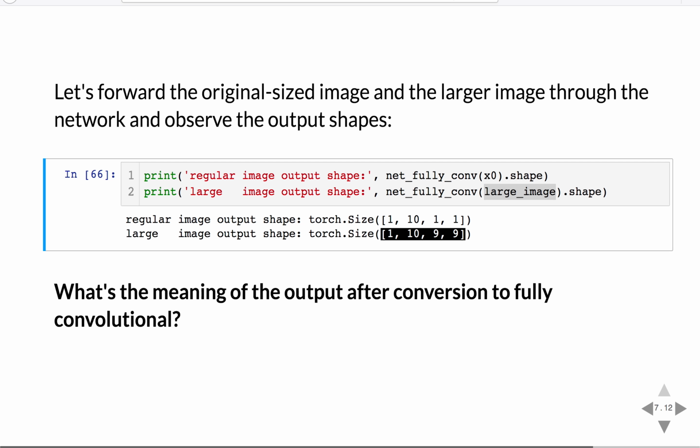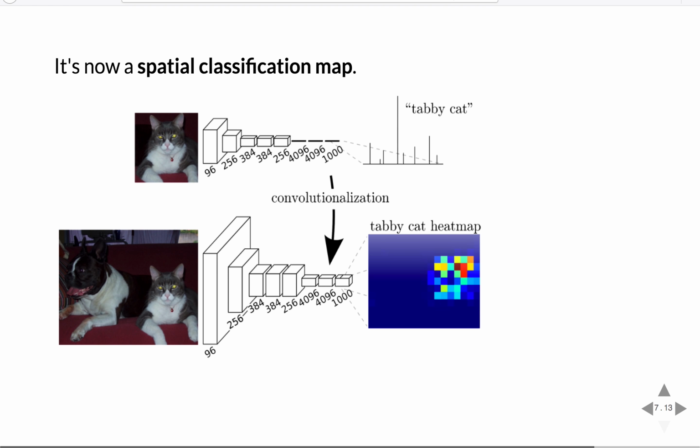Remember, this is the width and height. Any ideas? Okay, good. So basically what he's saying, I think, is that you get 10 class scores at different locations in the image. You can interpret that as a heat map.